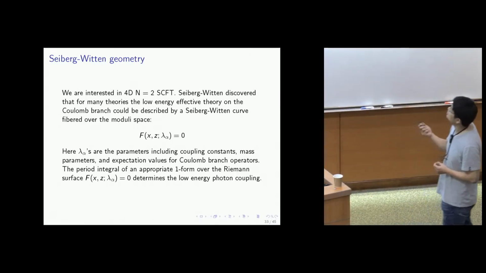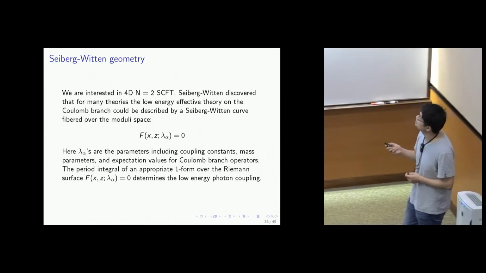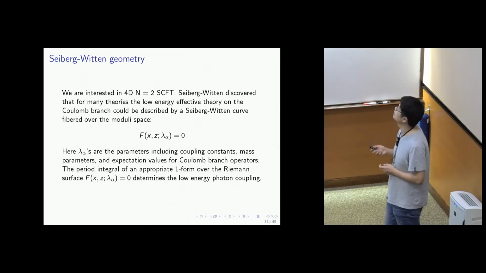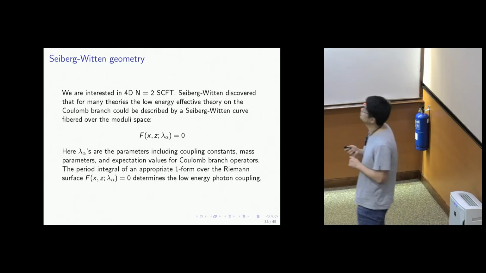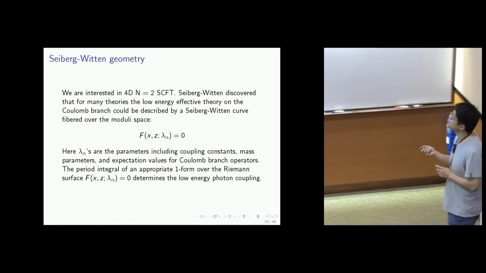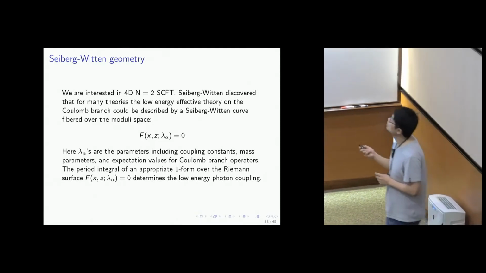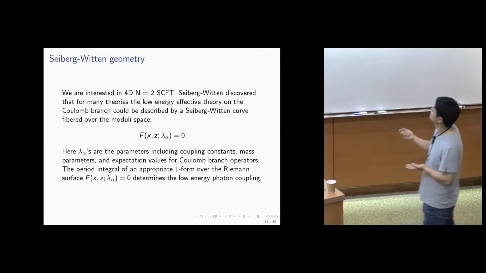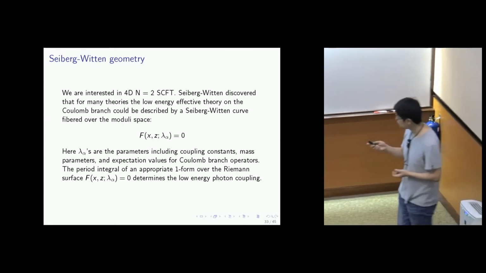Usually it's described by a Seiberg-Witten curve fibered over the moduli space, and lambda is the parameter. We probably have a lot of data like coupling constants, masses, expectation values for these Coulomb branch operators, and so on. And then we have these period maps for these one forms over the Riemann surface, and it deforms and determines the low energy photon coupling. That's the general structure.